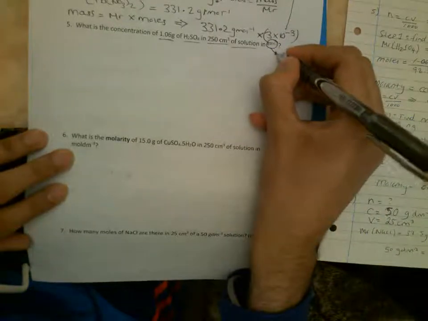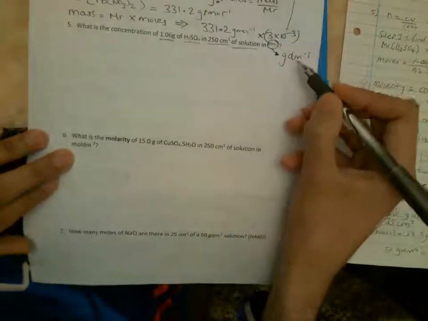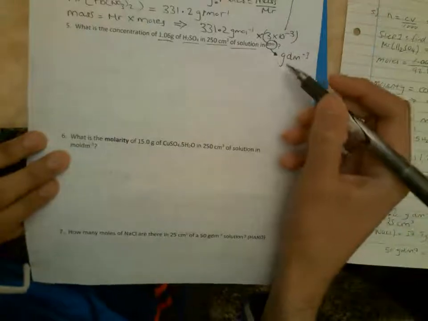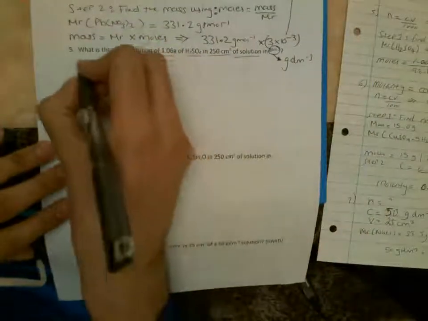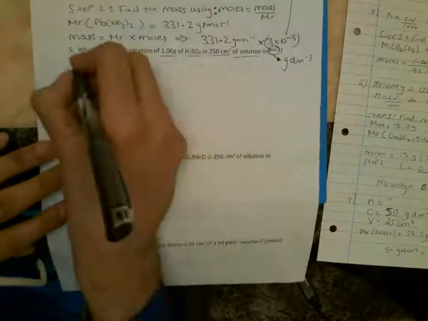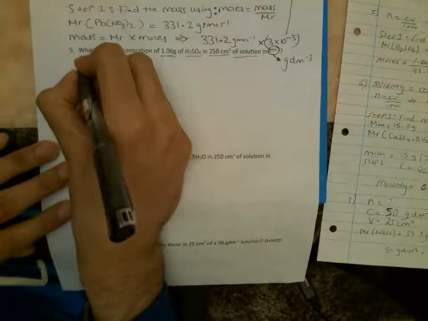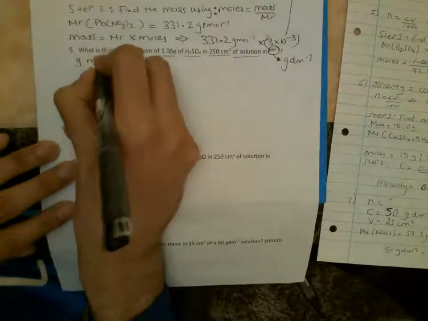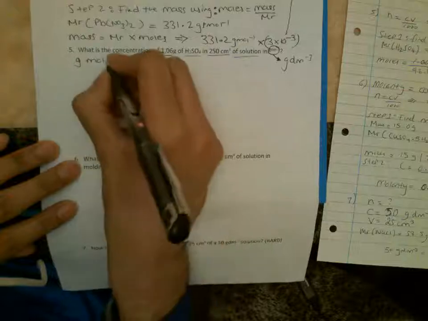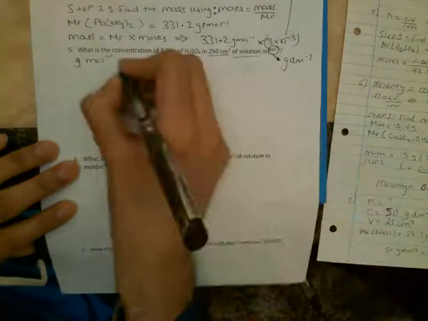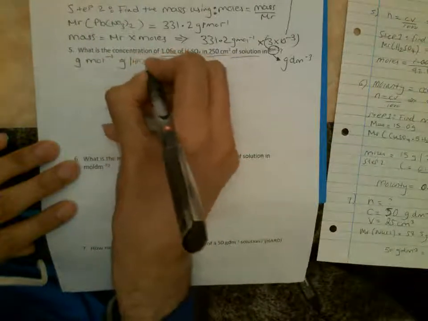Now, if you were in my lesson, you probably would have heard me banging on about units and how they're amazing and they can tell us what we need to do. This is where understanding units comes in handy. Remember, before I was writing grams per mole like this, but then I also said you could write it like this.